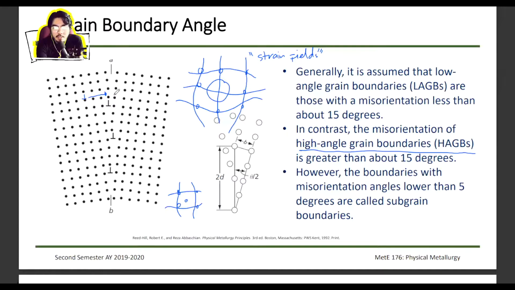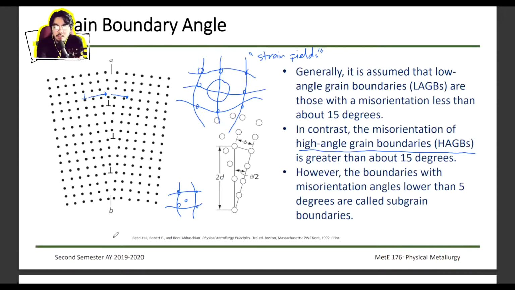If it is a low angle grain boundary, konti lang yung kailangan niyang i-adjust para mag-move into the next grain. So in that sense, kung low angle grain boundary ka, mas maliit yung strain field or strain energy requirement mo para mag-move past the grain boundary.